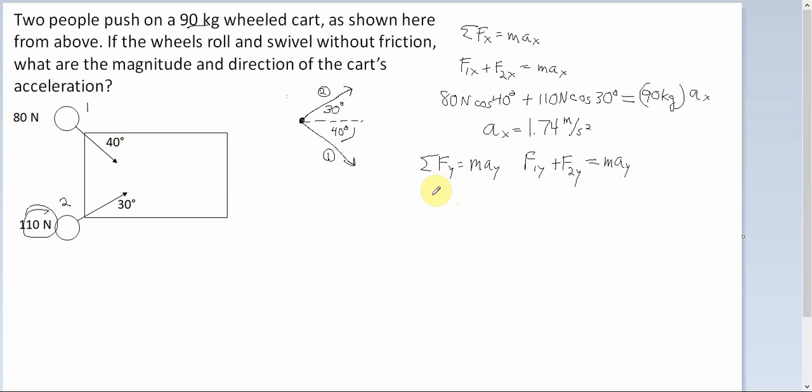So we've got F1 once again is 80 newtons. We want the y component, so this is going to be the sine of the angle, which is minus 40 degrees. That minus sign is going to give us a minus sign overall, which is right because that force is down in our drawing.